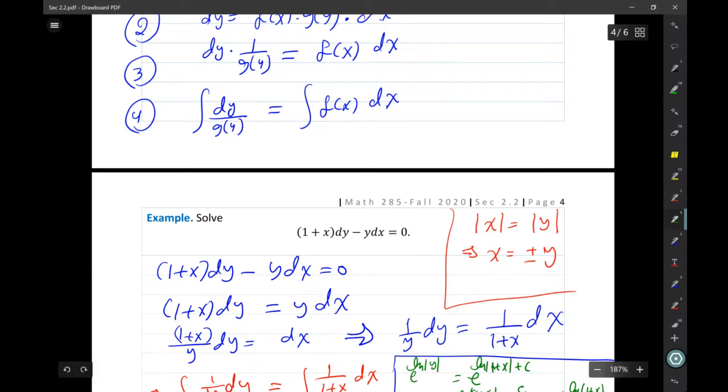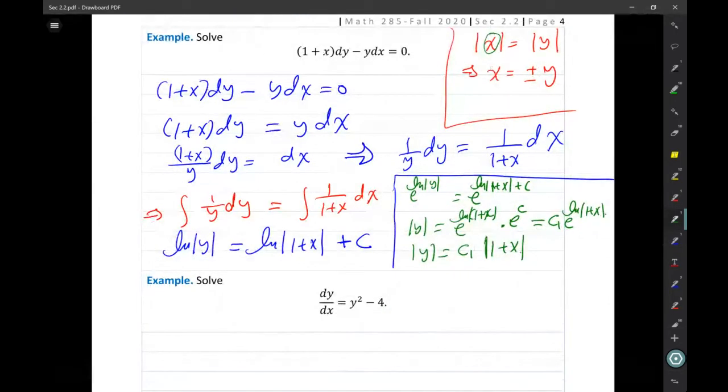Because if you replace this x by positive y, its absolute value will be the same value of the absolute y. If you replace x on the left hand side by negative y, its absolute value will be the same as the absolute of y. So I will use it here. That means y is equal what? Positive or negative constant c1 times 1 plus x.